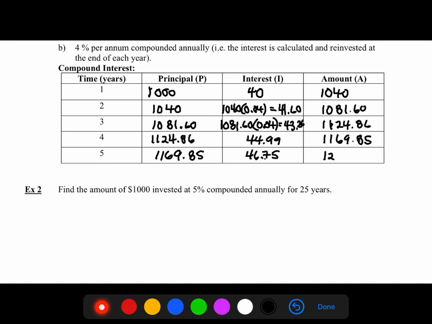And for our last year, that becomes our principal. When we calculate our interest, we get $46.75, which means that we have $1,216.60.